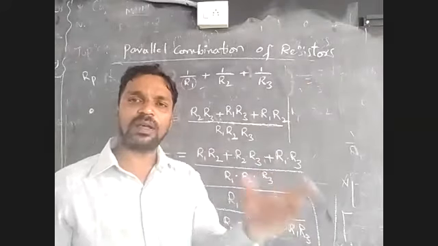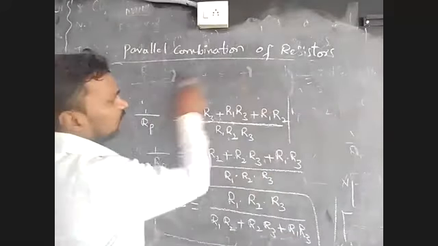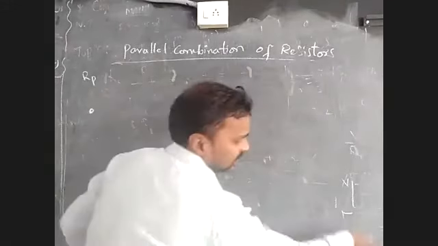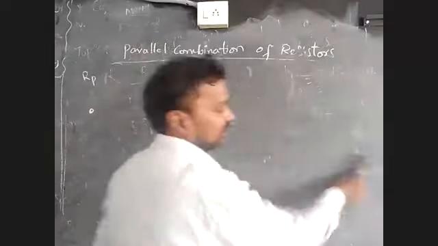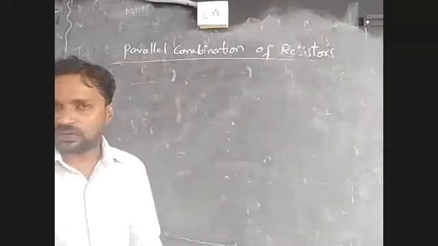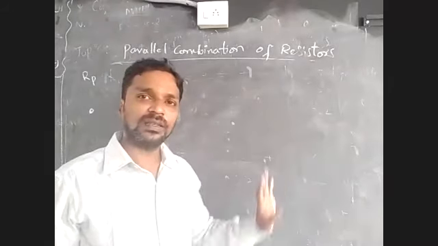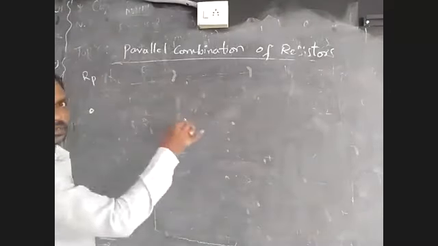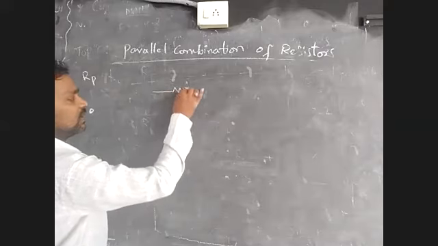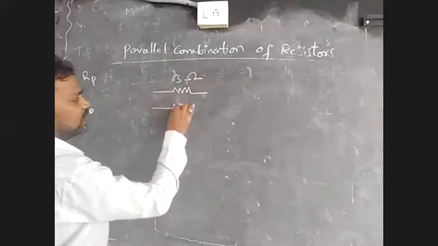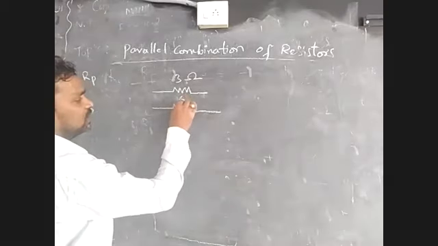Let us try one problem on this, series and parallel. Let us see what is the difference between series and parallel combination of resistors, and why we go for parallel combination. I will draw one circuit here. The resistance of this is 3 ohm, another is 6 ohm.